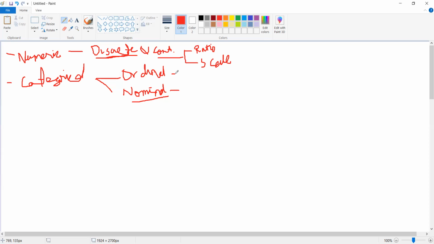When we talk of drawing a graph or plotting a chart, the maximum you can draw is 2-dimensional. You can't draw 3-dimensional, right? So we will talk about 1-dimensional or 2-dimensional. 1-dimensional is where you have only one data.